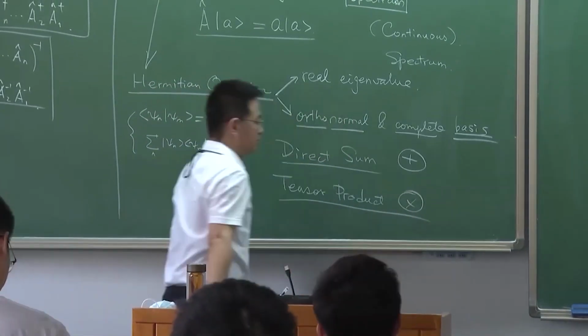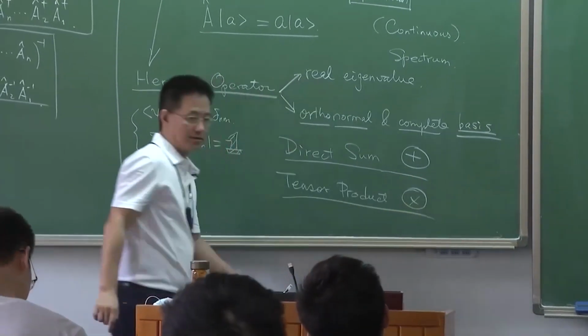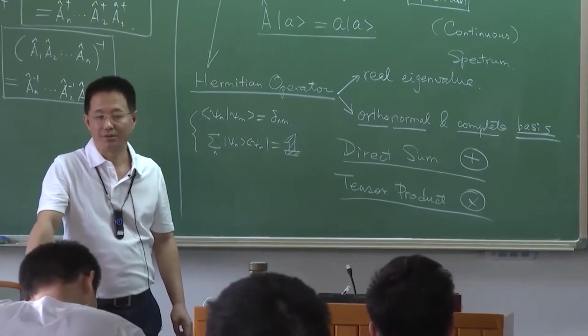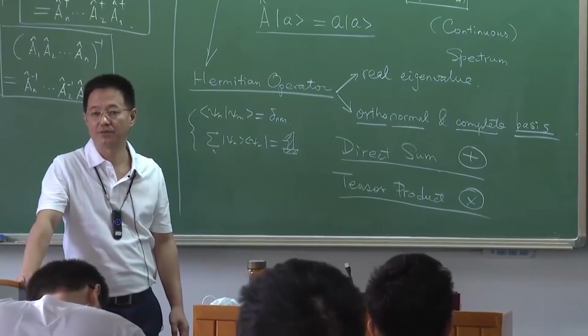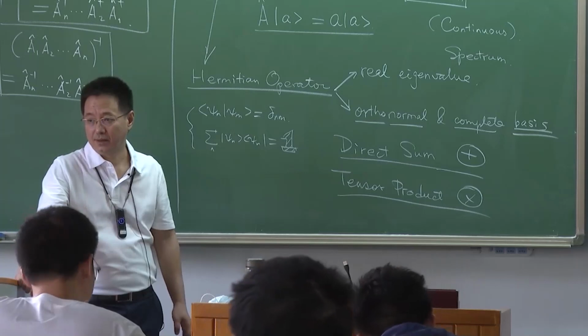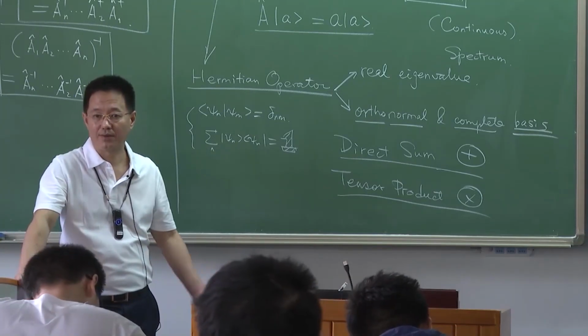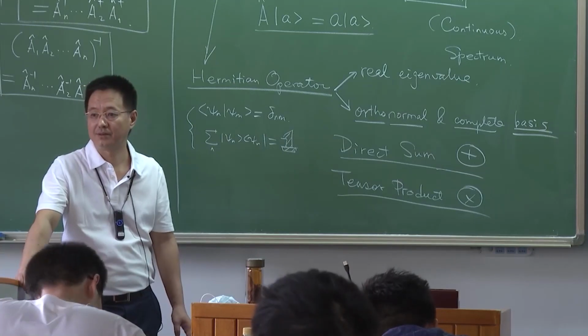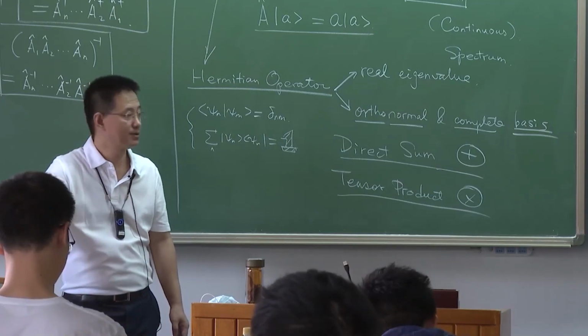Many people call the tensor product a direct product, but it's not so good because it is very confusing. Because in functional analysis in mathematics, the direct sum and direct product are the same thing. So it is very confusing.